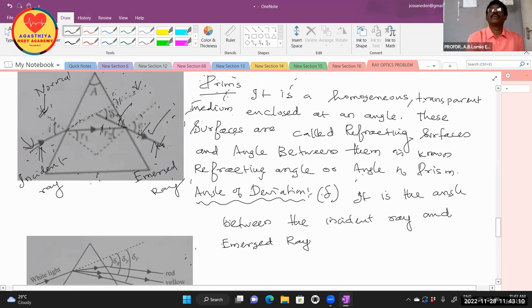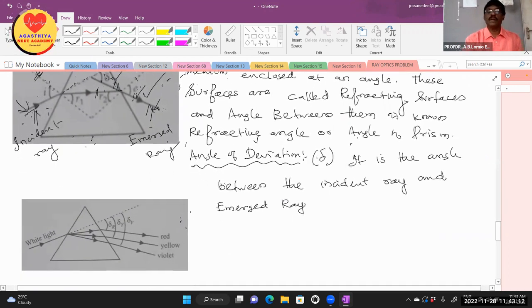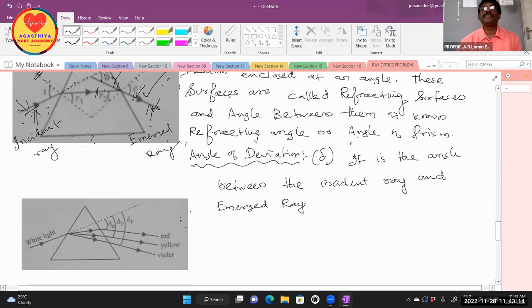The angle of deviation is denoted by the letter delta. The formula is delta equals I plus E minus A. Very important formula.